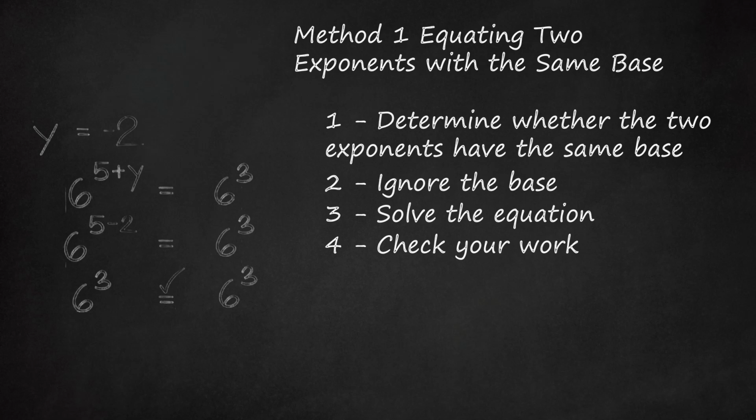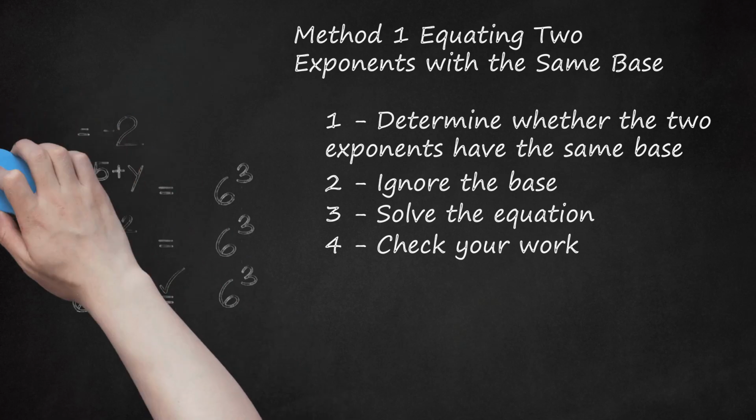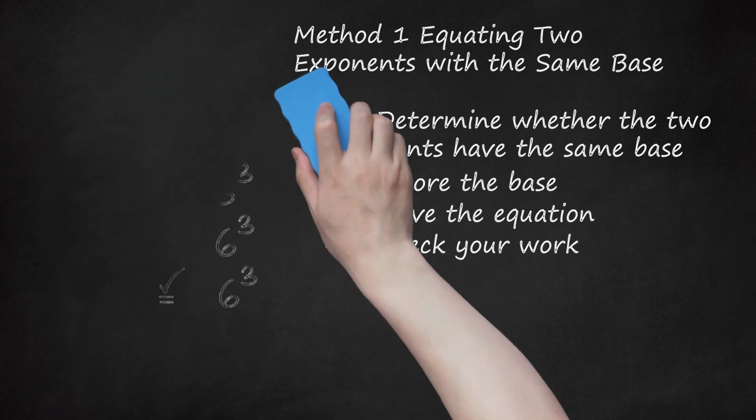For example, if you found that y = -2, you would substitute -2 for y in the original equation, 6^(5+y) = 6^3. 6^(5-2) = 6^3. 6^3 = 6^3.